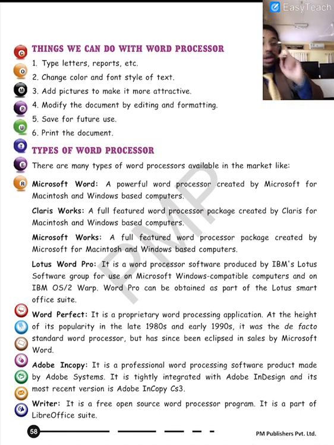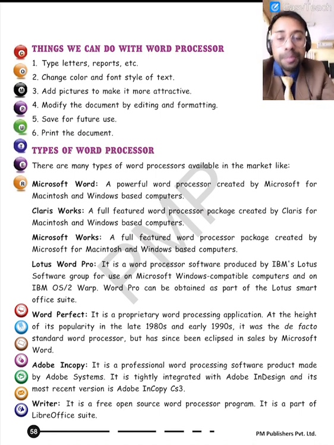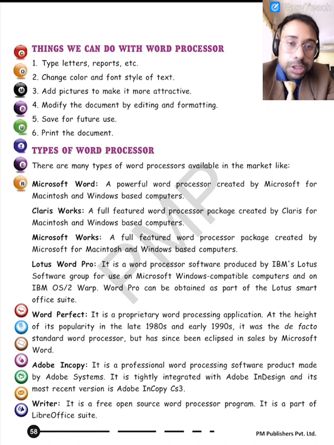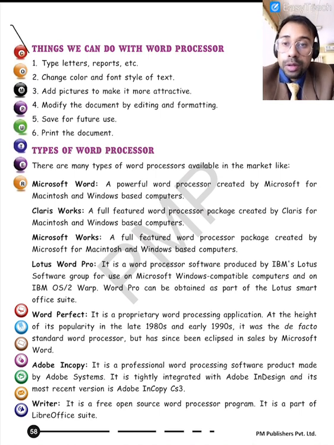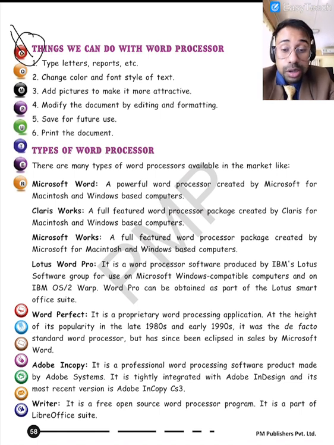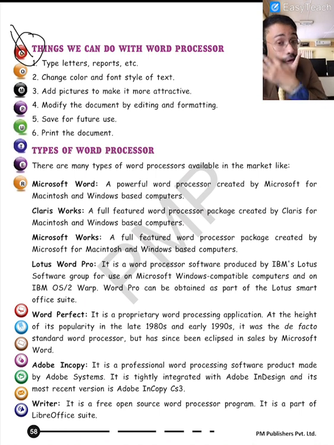Now, you all will get questions from here, okay? And what kind of questions? Like, you can get a question, what are the things that we can do with the help of a word processor? So this will be the answer, the things that we can do with the help of word processing software. Now fill in the blanks or MCQ you can get, which is the oldest word processing software?